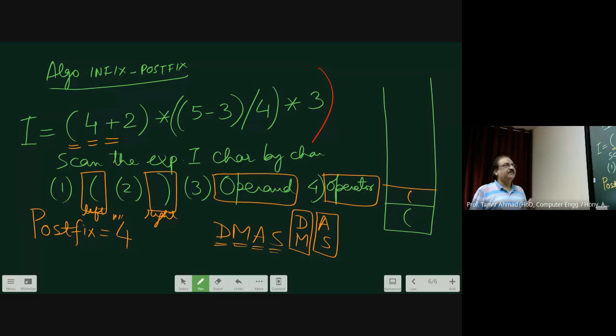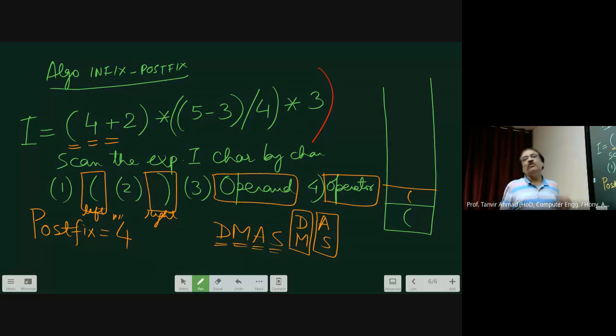Now in that case, when I take plus, addition has the same precedence as plus. Sorry, subtraction, minus. Similarly, multiplication has the same precedence as division, or vice versa. Now when I get a plus, I pop all the operators from the stack having higher or equal precedence than plus.